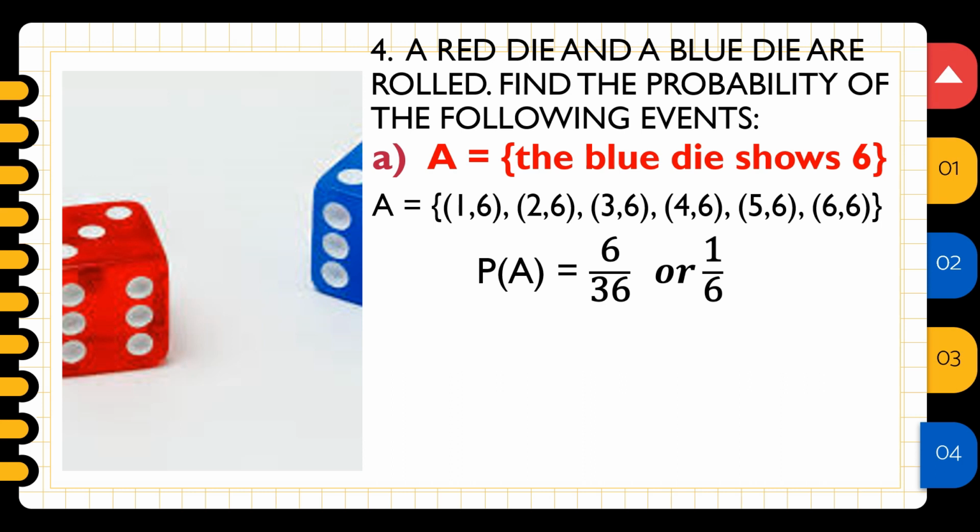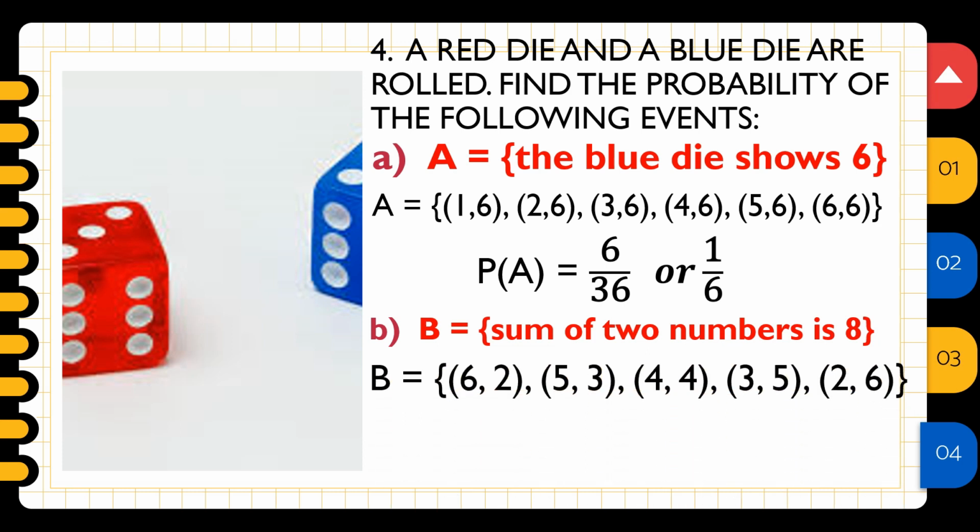Next, let us have letter B. Event B is equal to the sum of 2 numbers is 8. In this case, we have 6 and 2, that is 8. Also, we have 5 and 3, 4 and 4, 3 and 5, and 2 and 6. So the probability of B is equal to 5 over 36.